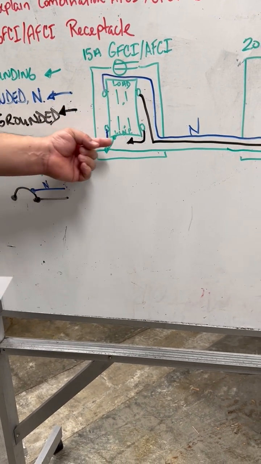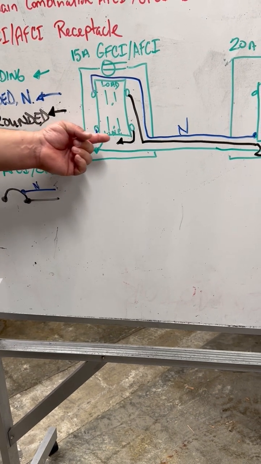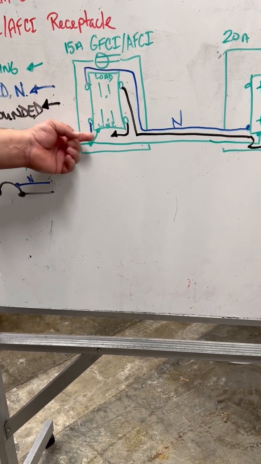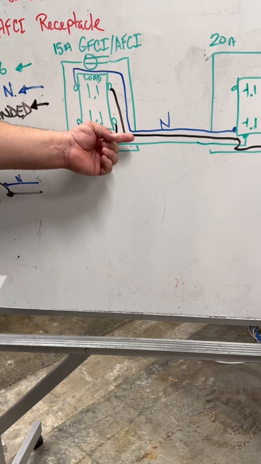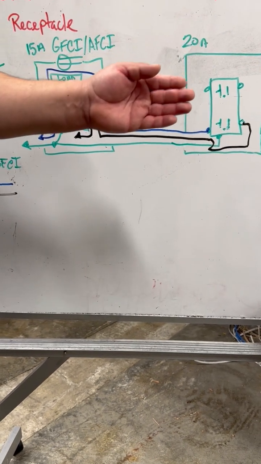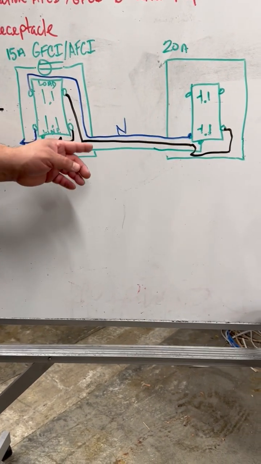And I wanna have a seamless and good wiring plan management system in my box. So I wanna exit directly across and continue on downstream. So you should always have one entry, one exit.